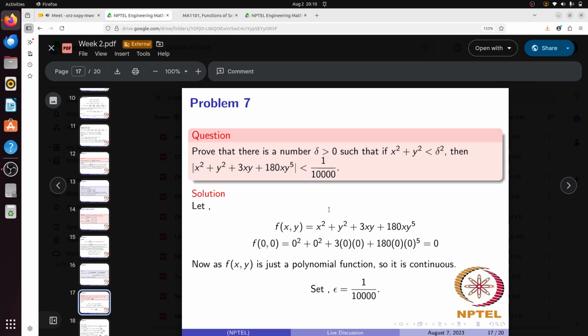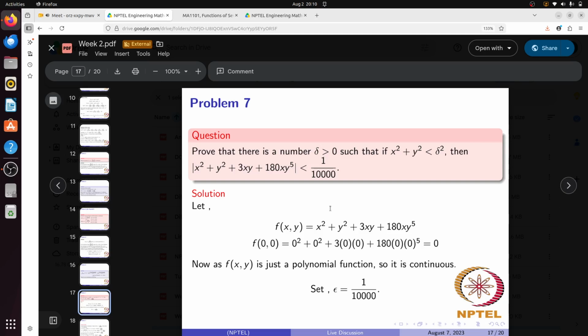So first, think about it. Prove that there is a number delta greater than 0 such that if x square plus y square is less than delta square, then x square plus y square plus 3xy plus 180 xy to the power 5 is less than 1 by 10,000.